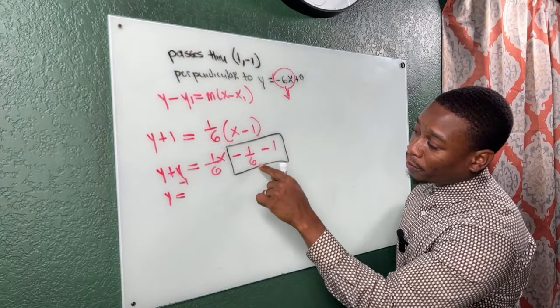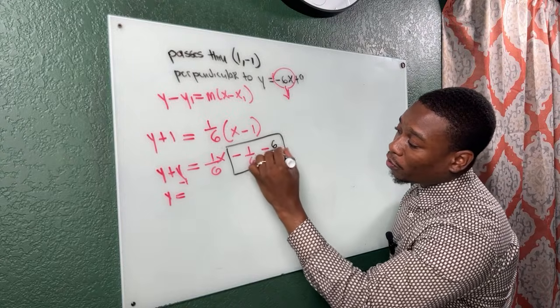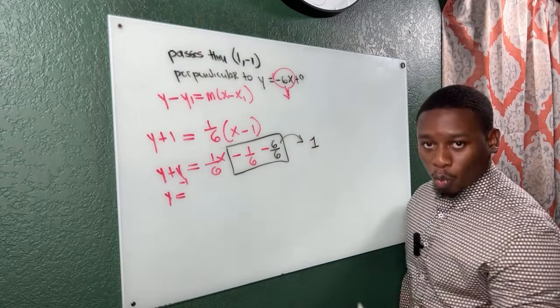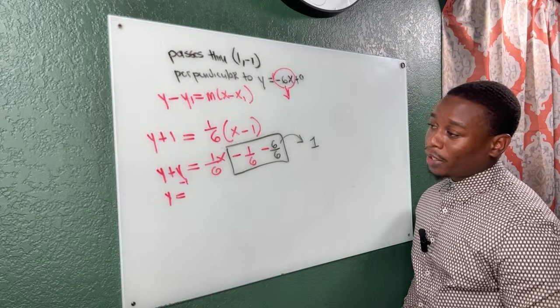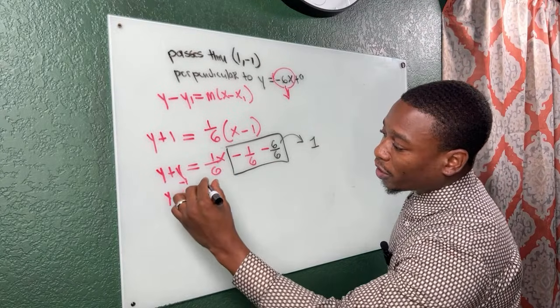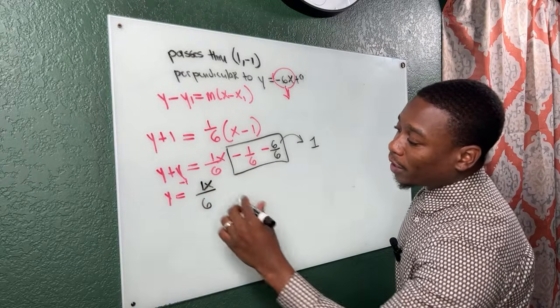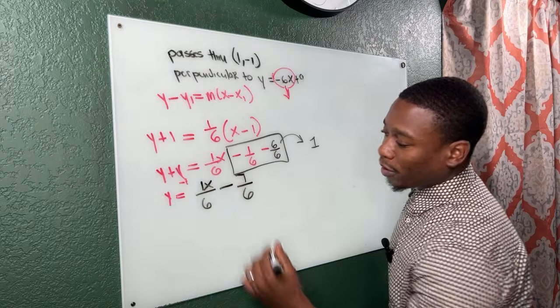Just remember, if we change 1 to 6 over 6, this is the same thing as 1. Fractions have to have the same denominator for us to add or subtract. So now 1 over 6 stays the same. Negative 1 minus 6 is negative 7 over 6.